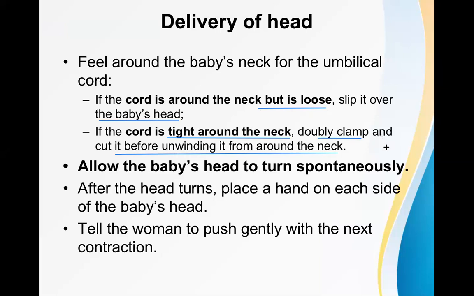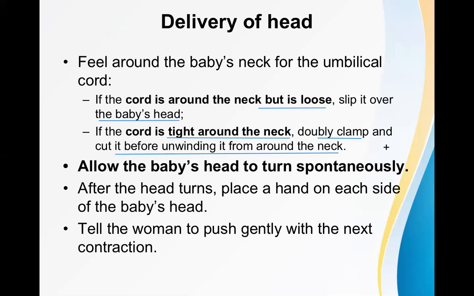Now, what is the meaning of this? Please listen carefully. Let me explain this for you. The umbilical cord is very commonly present around the neck. If it is loose, we don't have to worry at all. It can be easily slipped over the baby's head. But if it is very tight, remember the rest of the baby would not come out if the umbilical cord is tight around the neck.